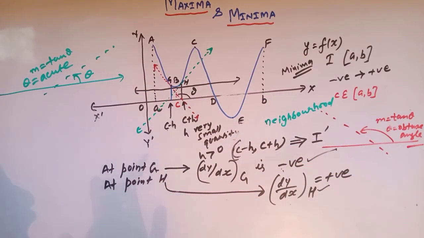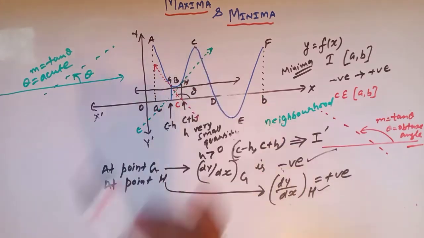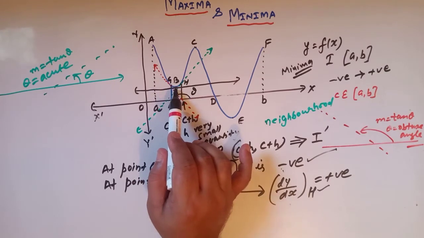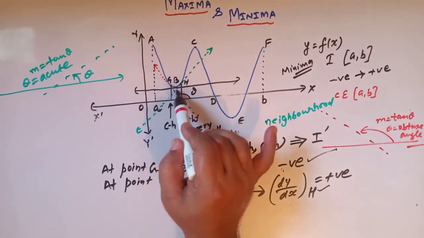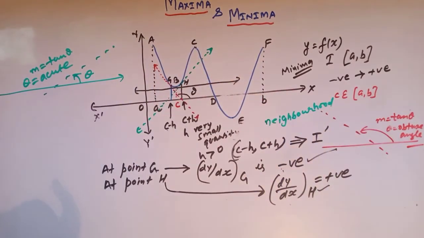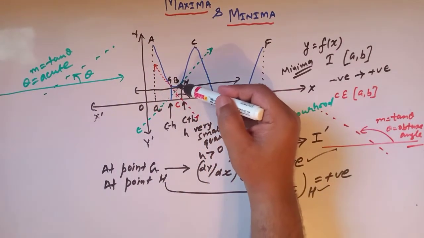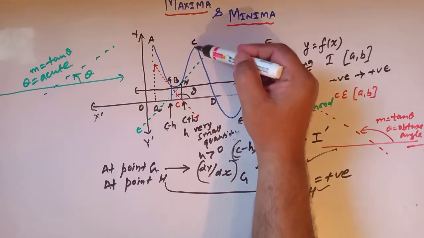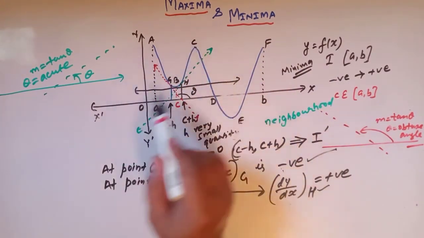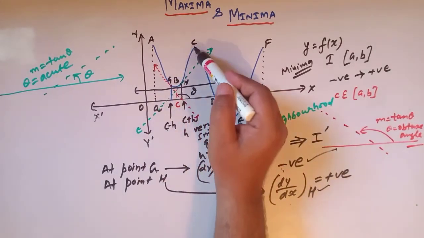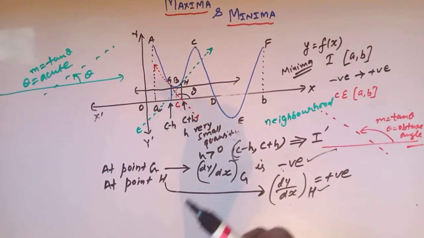Okay, now let us take this turning point C. So first we have taken this one, because here the graph is first decreasing and then increasing. Now we are taking this point C, because here first the graph is increasing and then decreasing. Okay, so now let us discuss this point C, because this point C is going to be the point of maxima. Clear?